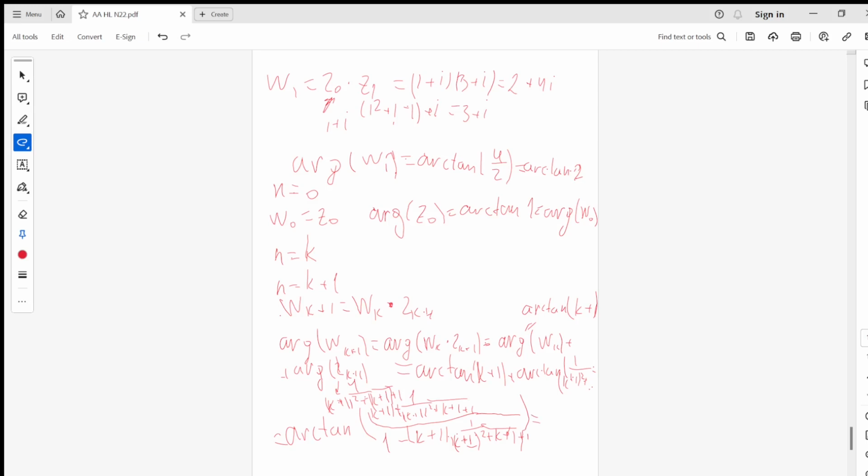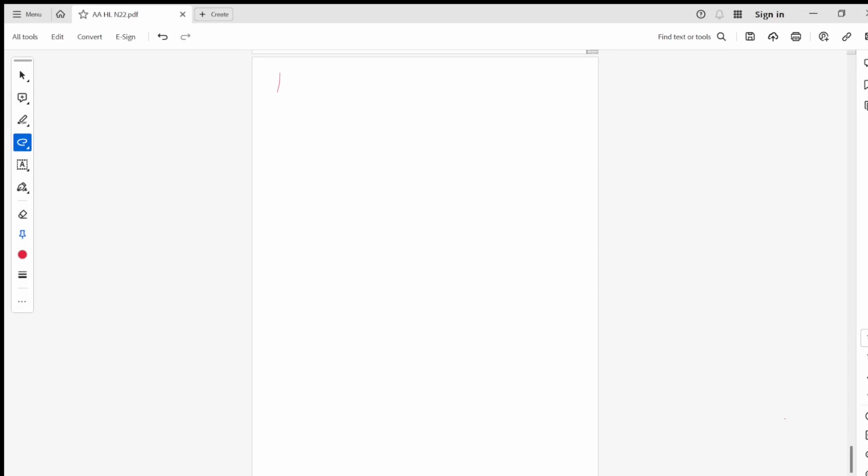So we can just multiply the numerator and the denominator by k plus 1 squared plus k plus 1 plus 1. So what we are going to get is k plus 1 times k plus 1 squared plus k plus 1 plus 1 and plus 1 divided by k plus 1 squared plus k plus 1 plus 1.